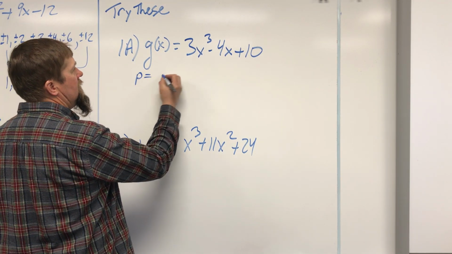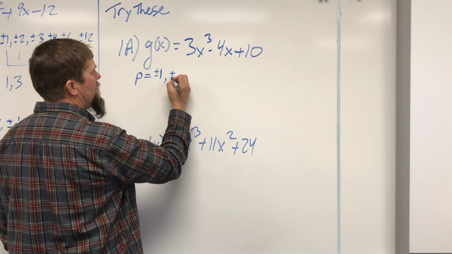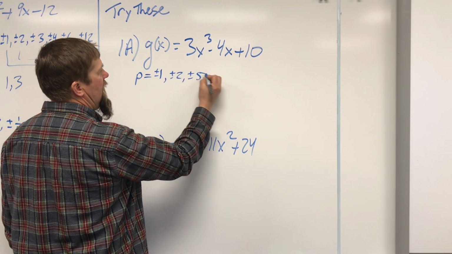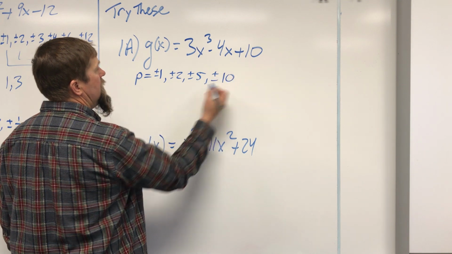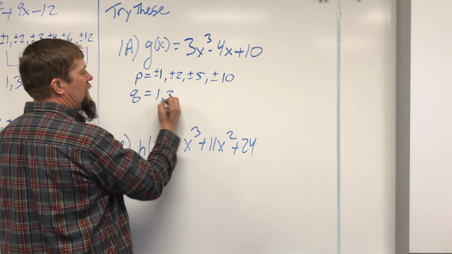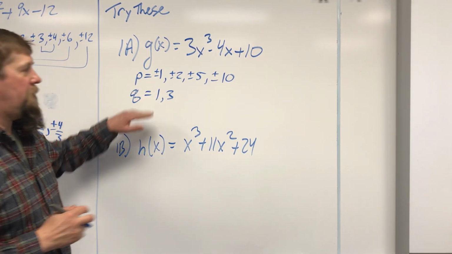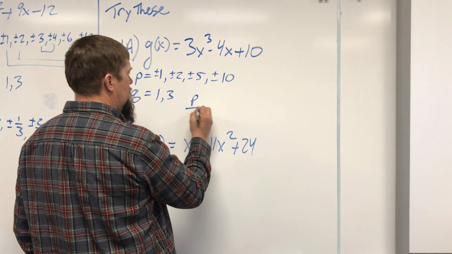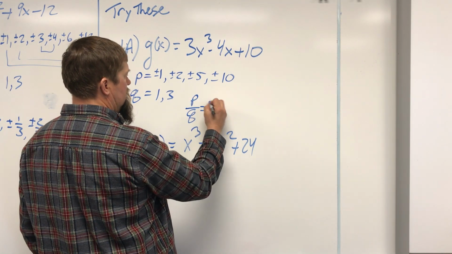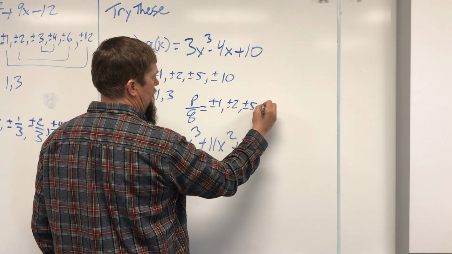All the p's are all the factors of 10. So plus or minus 1, plus or minus 2, plus or minus 5, and plus or minus 10. All the q's are 1 and 3. So basically we're taking all of the top over all of the bottom. So the p's over the q's are plus or minus 1, plus or minus 2, plus or minus 5, plus or minus 10.